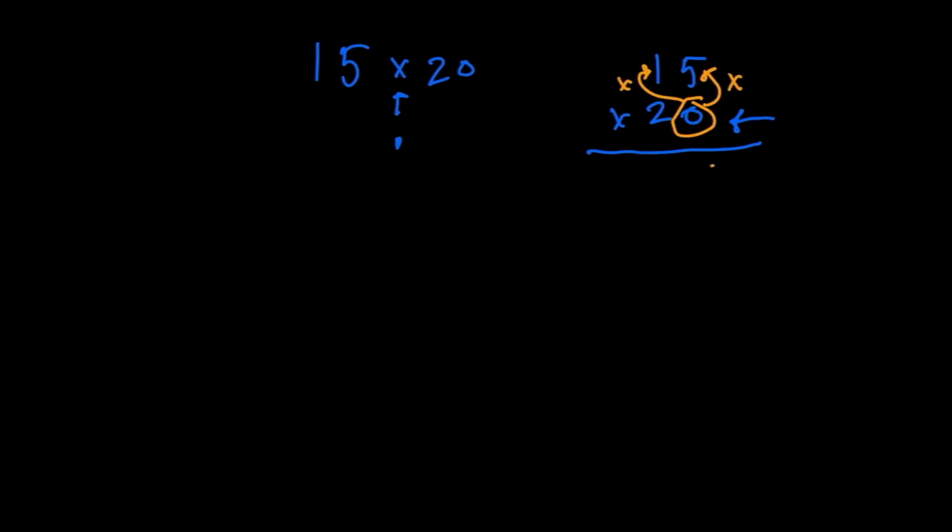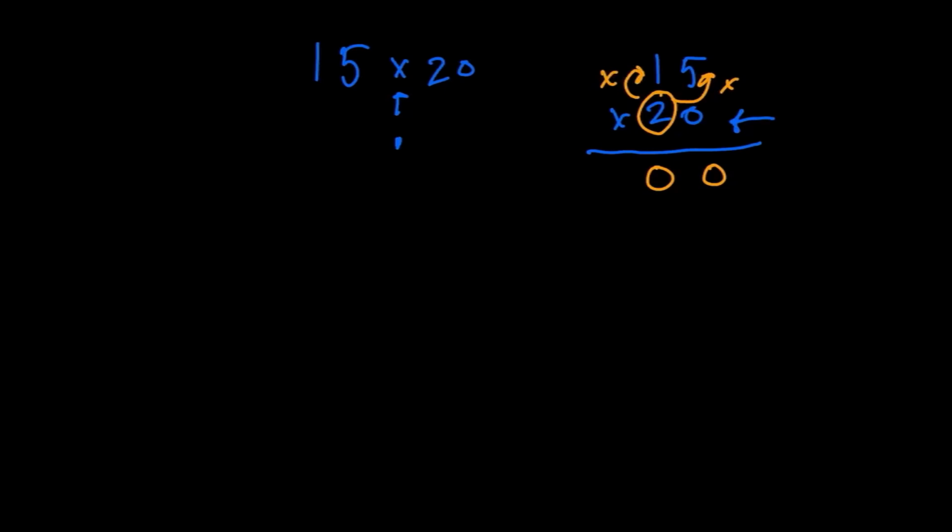So when you do it, you're going to get 0 and 0. And then you're going to go on to the next number, which is 2. And then you're going to multiply the 2 by 5 and the 2 by 1.